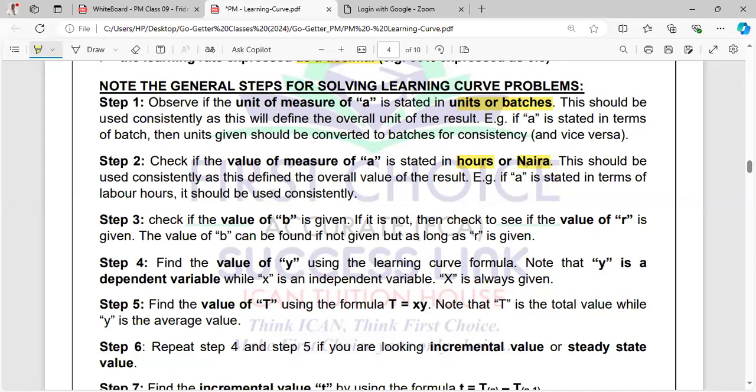Most times, X is given. But in some rare occasions, X may not be given. So that way you just put all your ingredients together to get Y. And I said that Y is the average value. We said it's a cumulative average value.